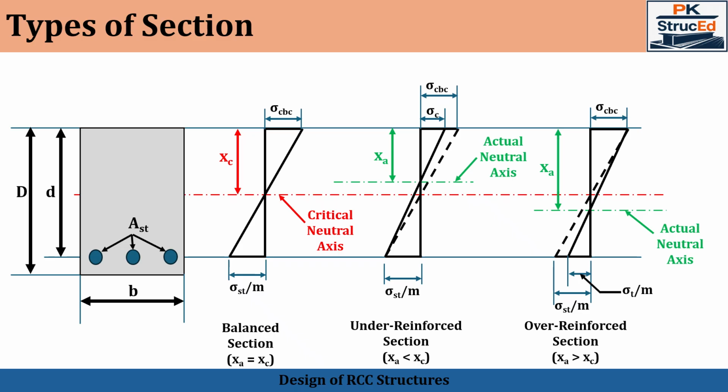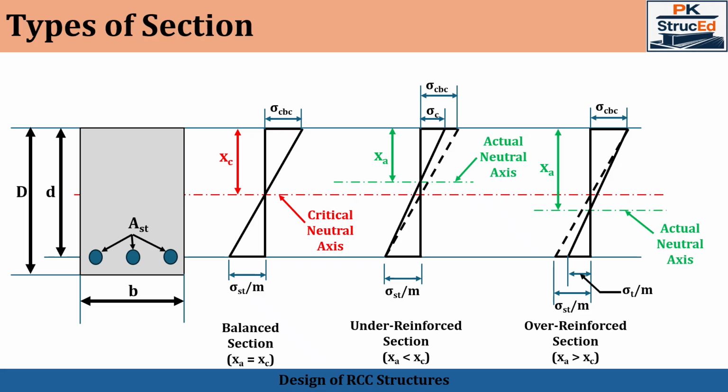Since concrete is weak in tension, it is not relied upon to resist tensile stresses. Therefore, we provide steel reinforcement in the tension zone, that is, near the bottom of the beam. The area of this tensile reinforcement is denoted as Ast.